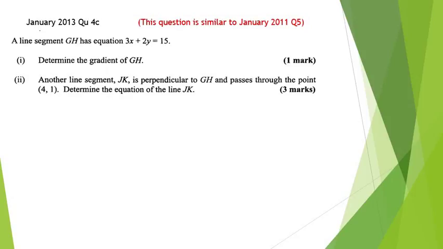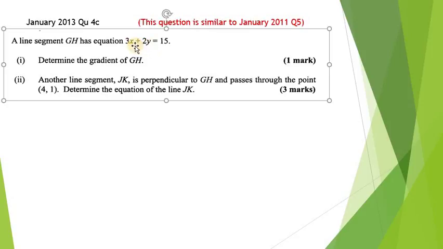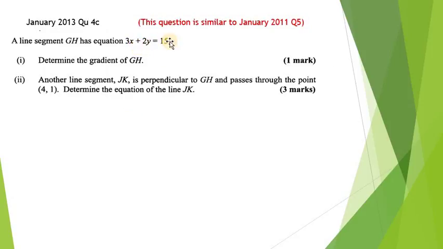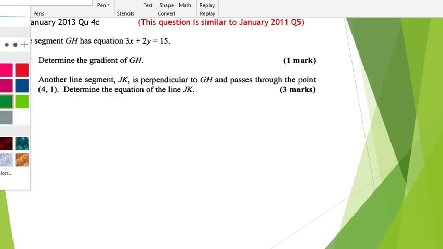Alright, so when we look at this, we see that it is not of the form y equal to mx plus c. So now I'm going to rewrite this in the form y equal to mx plus c, and from that I could determine the gradient.